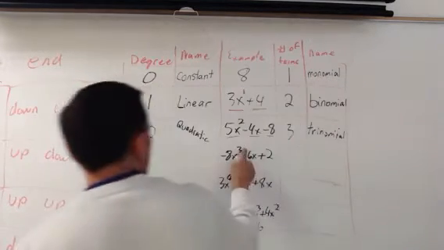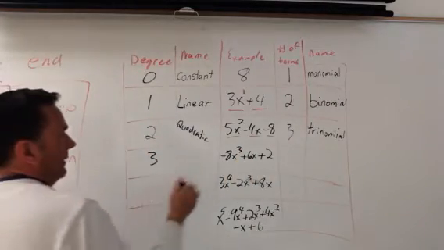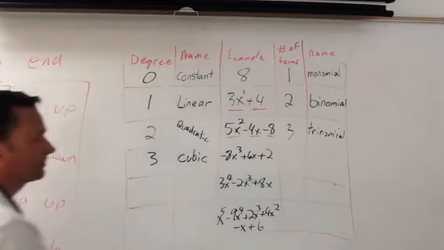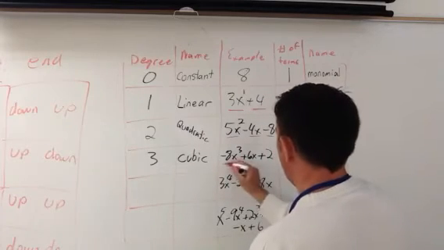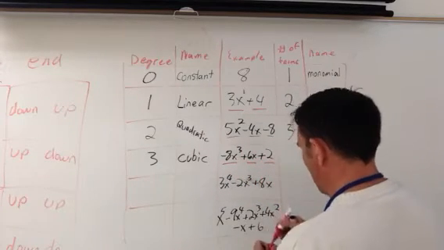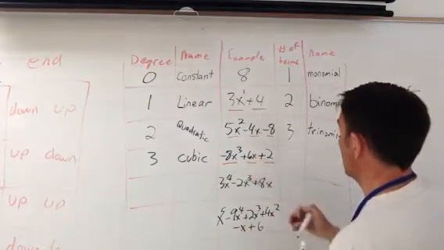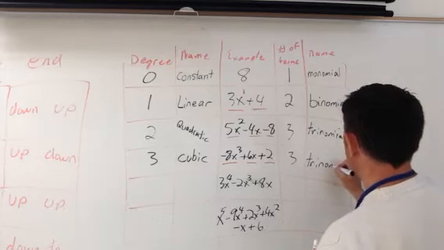Next one. The degree is 3. This is called a cubic function. Again, there are 1, 2, 3 terms. If you notice, the terms are separated with addition or subtraction. This is another trinomial.